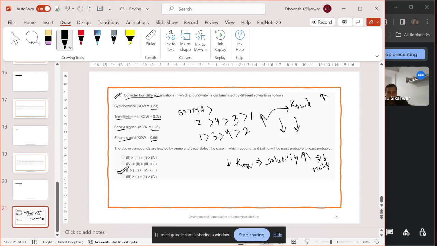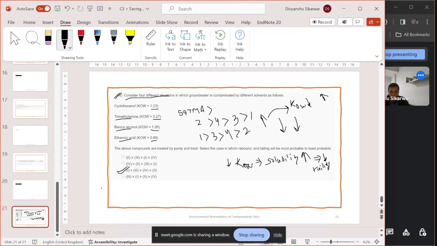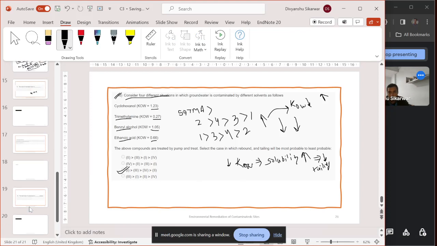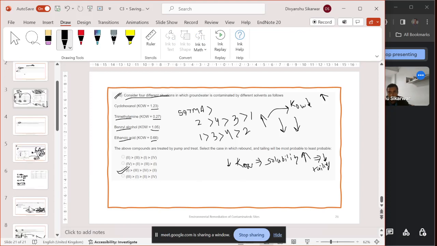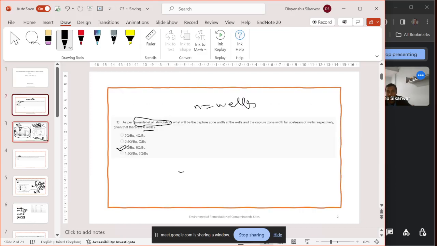C option is correct. These are the problems for today.